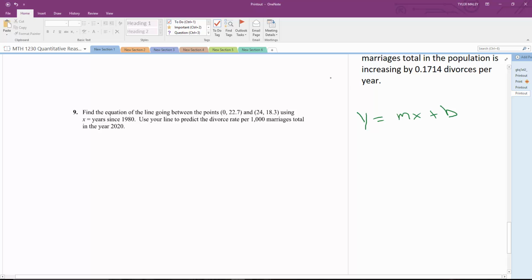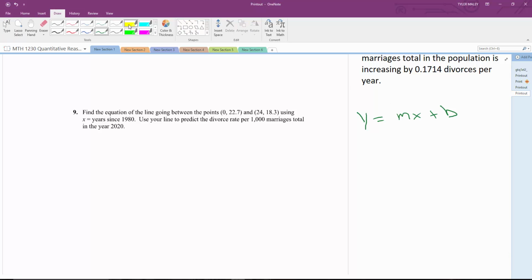So what we need to find is I need to know slope, right? I need to know the y-intercept, right? That's to have an equation of a line. But if you notice, this point is in the form (0, b), right? Whenever x is 0, the y-coordinate is my y-intercept, my b value. So I already know that b equals 22.7. So I don't need to calculate it, right? It's already given to me.